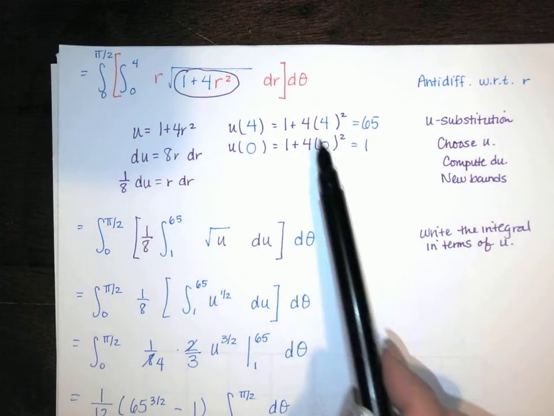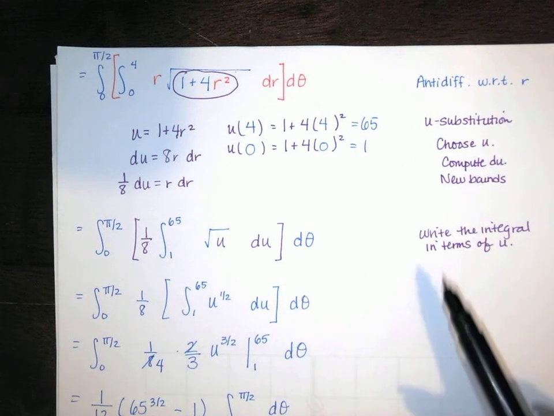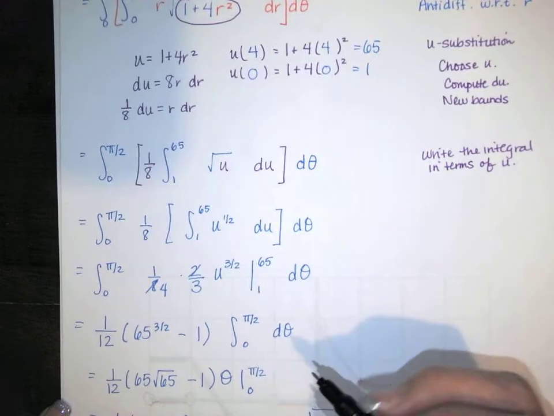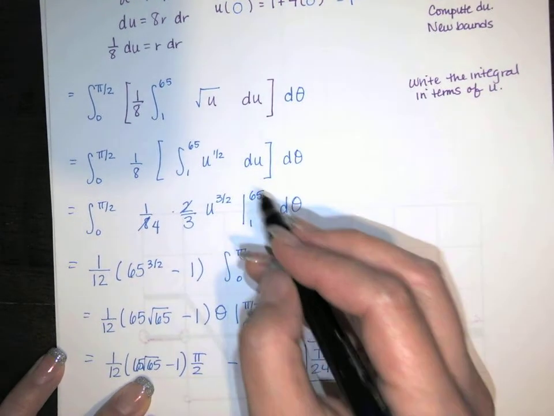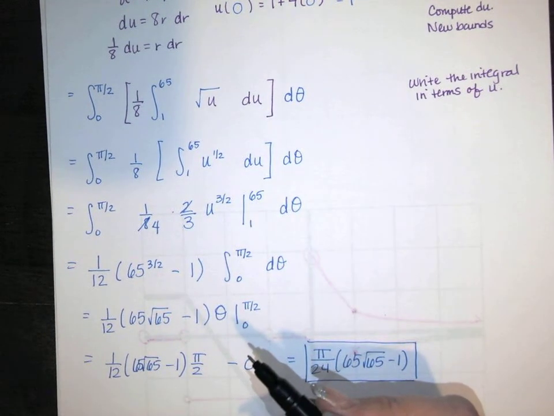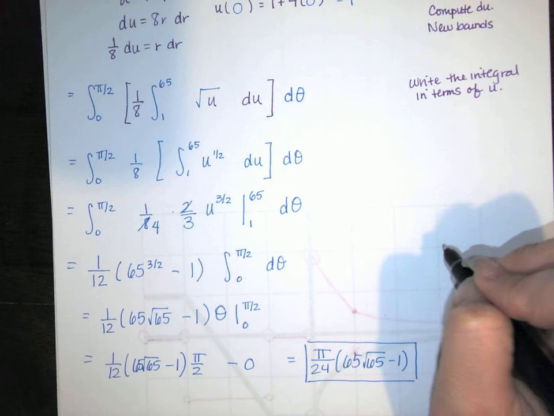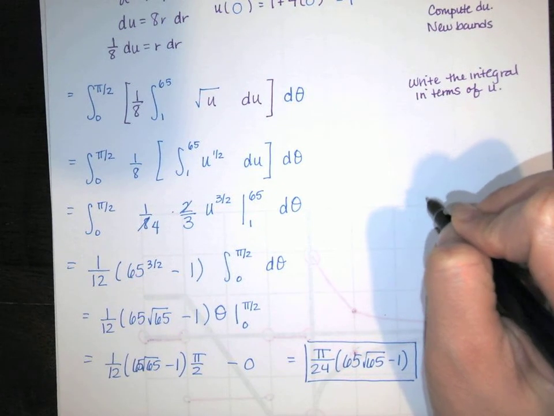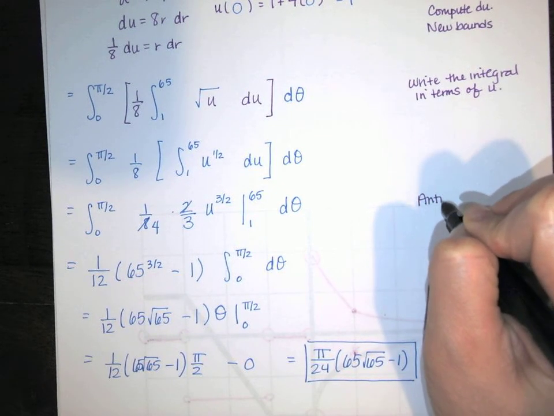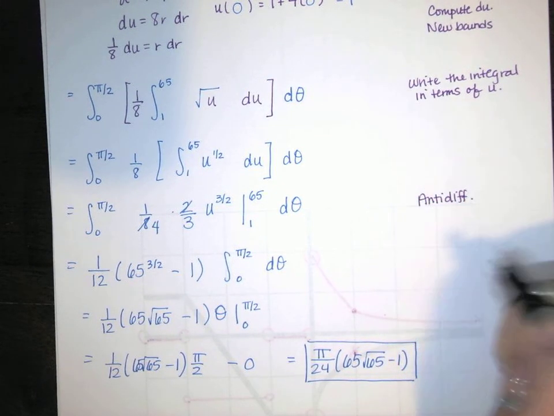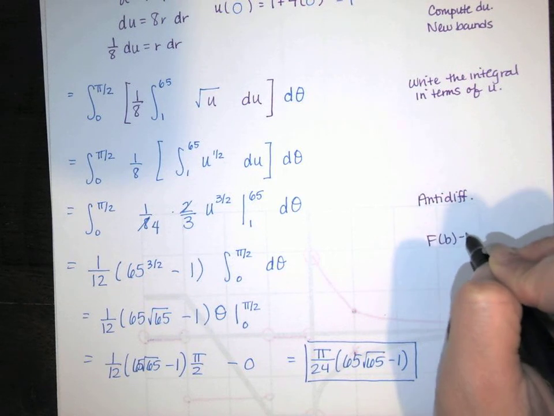Then we anti-differentiate with respect to r. We wrote the integral in terms of u. We had to do some more simplification, and finally we anti-differentiated, and we used the fundamental theorem.